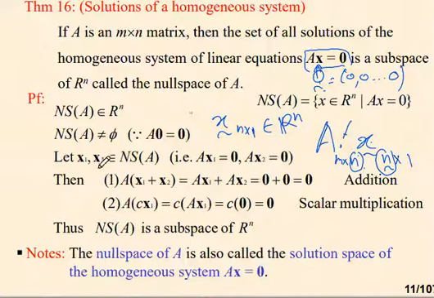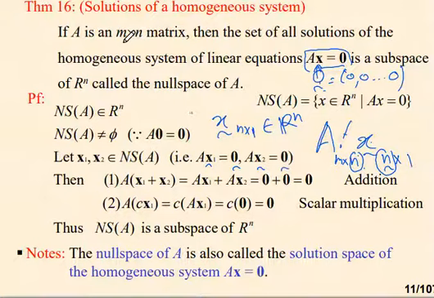If you pick two solutions of this homogeneous system, x1 is a solution and x2 is also a solution. These two satisfy this homogeneous system, that is, Ax1 equals the 0 vector, Ax2 equals the 0 vector.